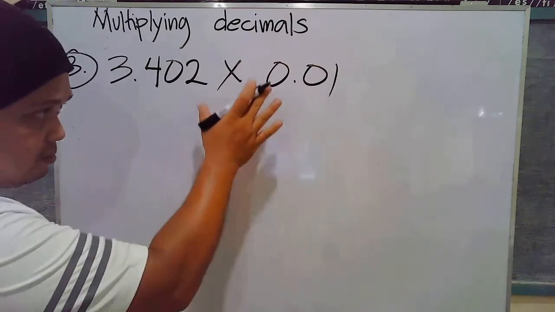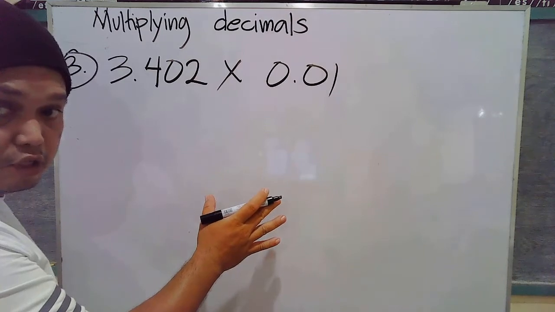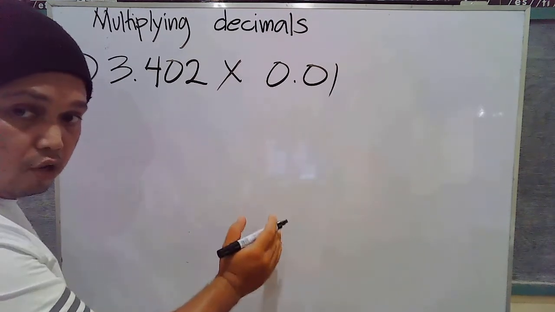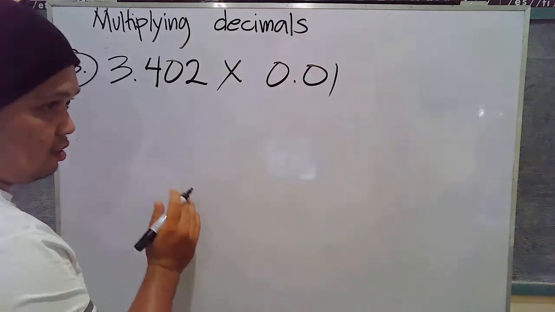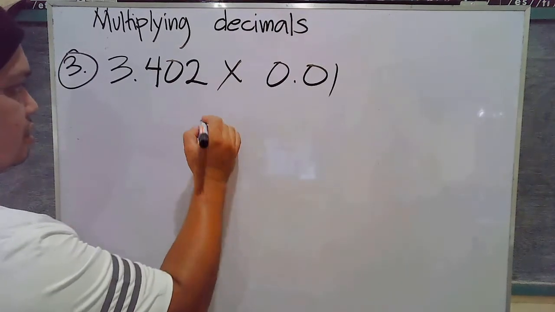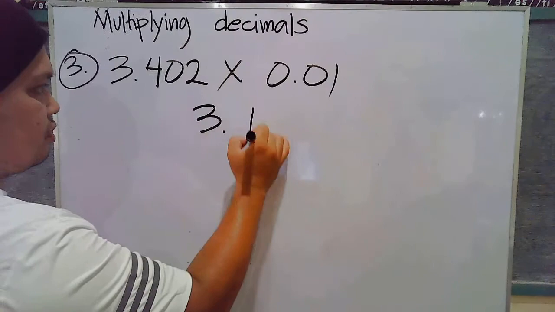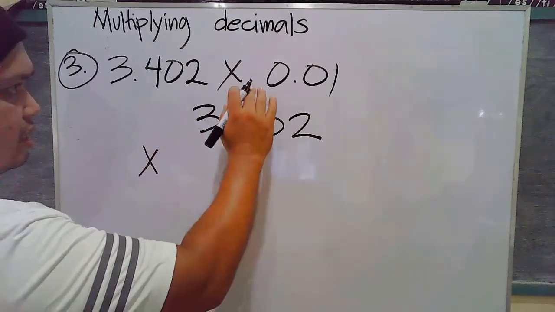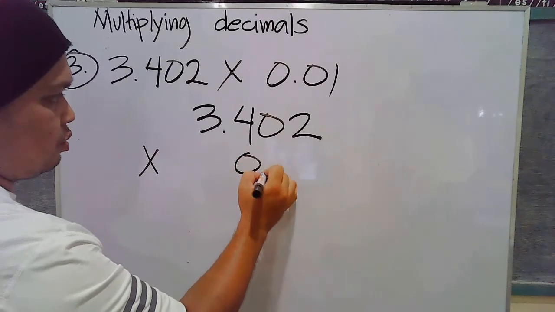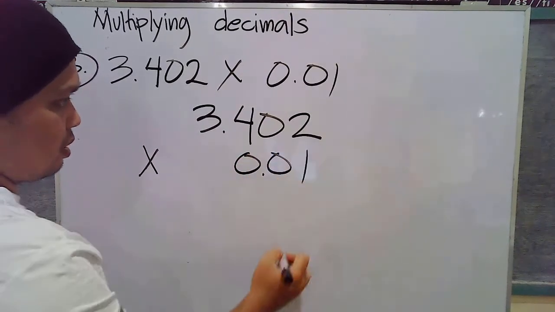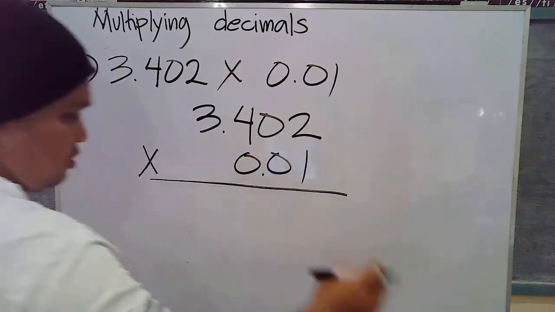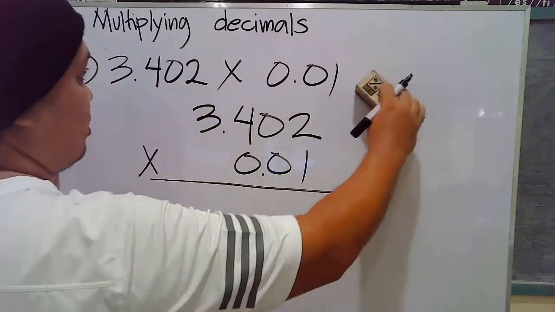First, arrange the numbers in column, aligning all the last digits. So let's do that. Copy this. 3.402 times, copy this, 0.01. Okay. And let's erase this. We put some space in our answer.